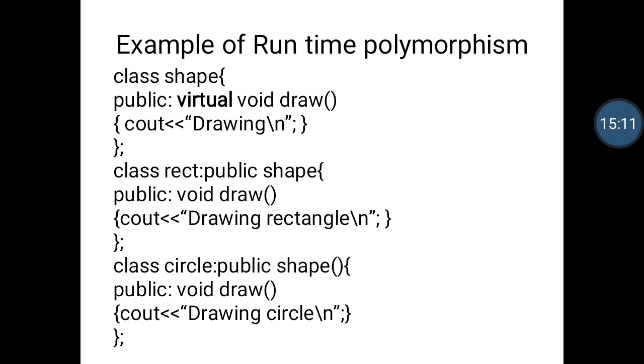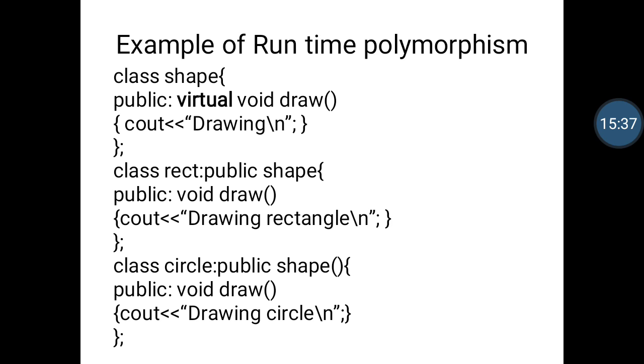So here public virtual void draw, and then I am just printing drawing. Then in the second class I derive the shape class publicly as the rect class, where I am declaring the function draw, in which I am just printing the message drawing rectangle.